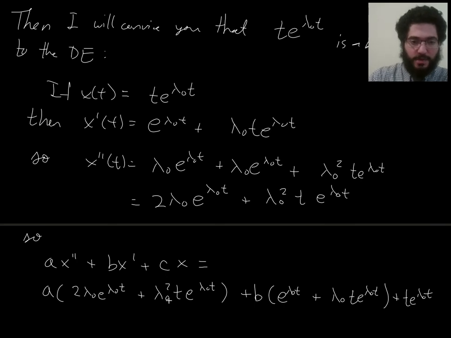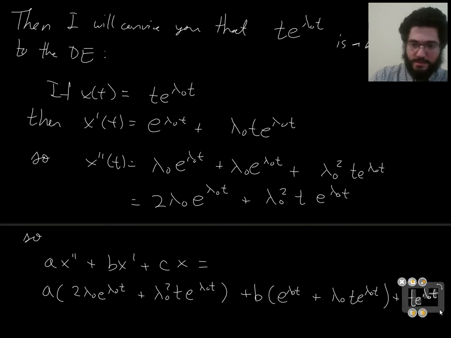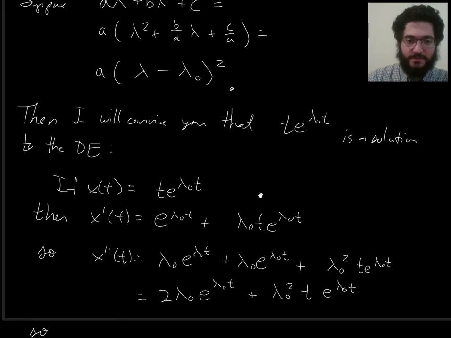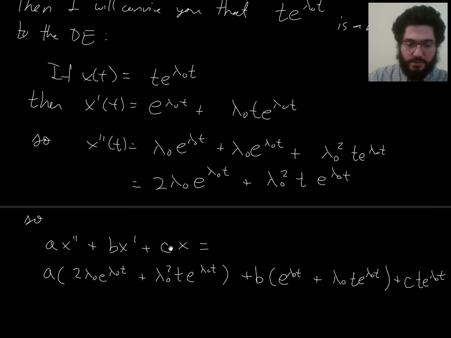So there's ax prime prime, which I copied over, then bx prime, so I copied over x prime, plus cx, and I seem to have left out the c. Now, if I can show that this comes out as 0, then we'll be done with the proof. We will have shown that this is a solution to the differential equation. So the goal is to show that I get 0.